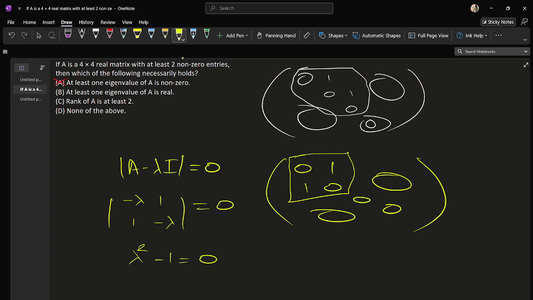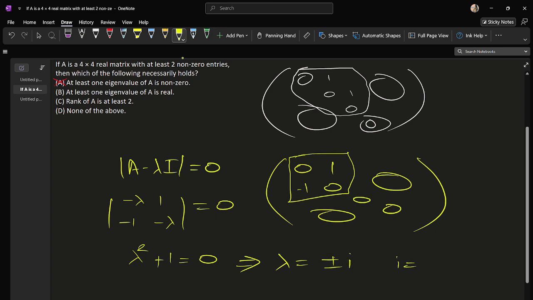Okay, am I doing something wrong? Okay, I want to take minus 1 here. Yeah, then it will be okay. So then our lambda square plus 1 is equal to 0. Then we can see that our lambda is equal to plus minus i.